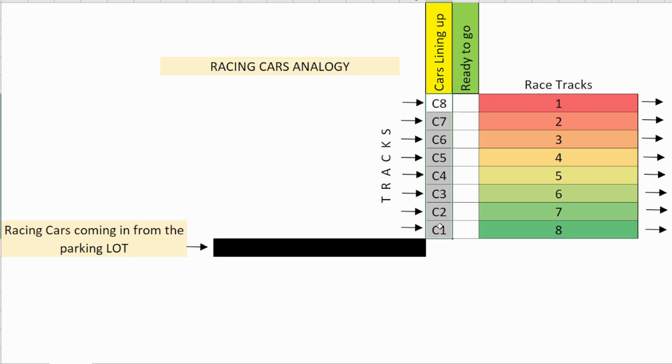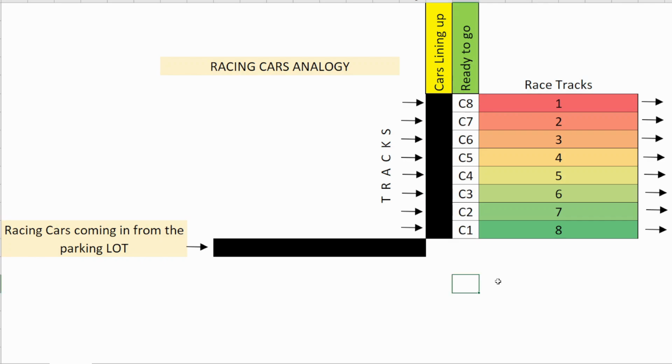That means 8 tracks. They are still not ready to go. They will be ready to go only when they come into the ready to go area. So let's bring them into the ready to go area. They are now in the ready to go area, and when they come here, they start the race.